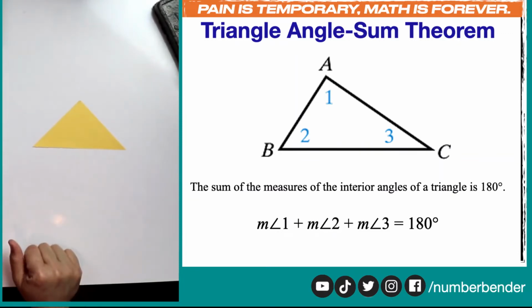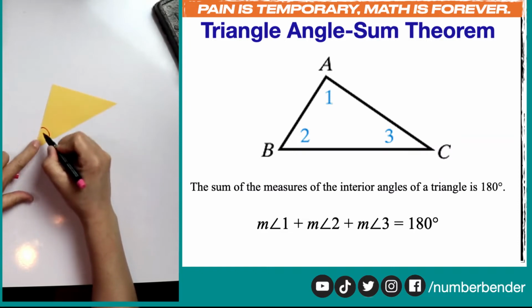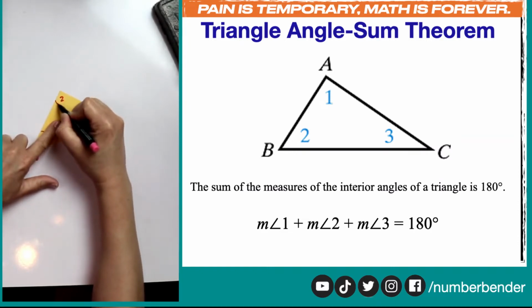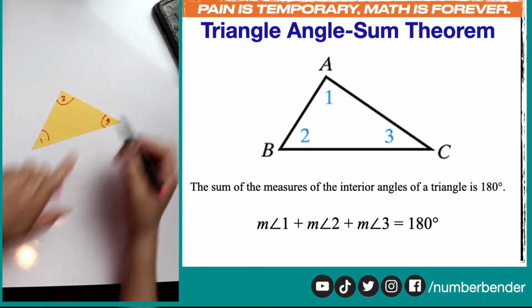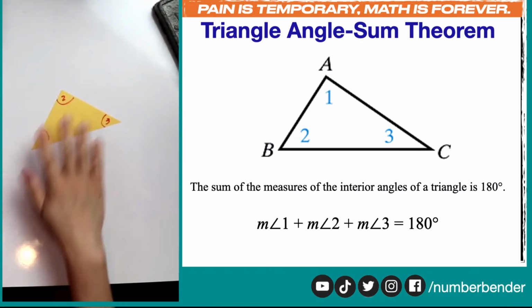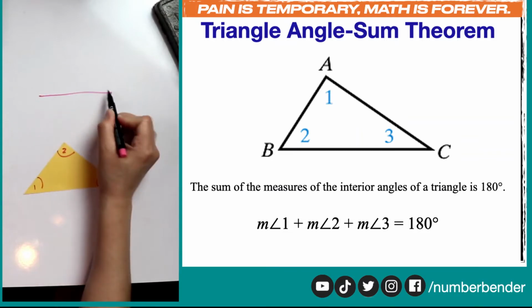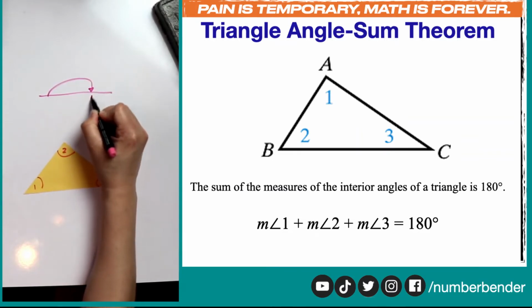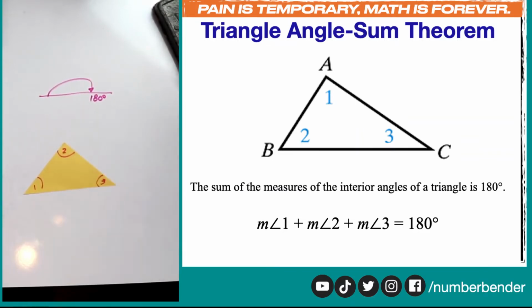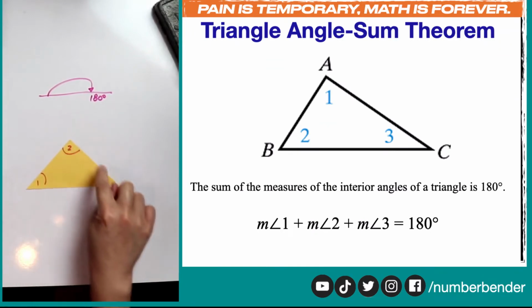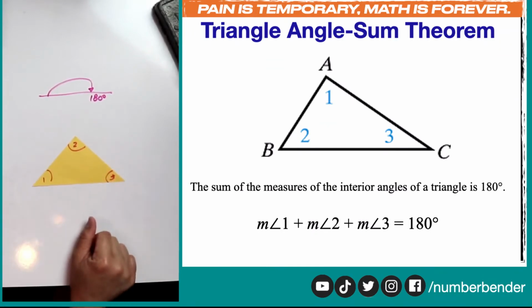So according to the Triangle Angle-Sum Theorem, the sum of angle 1, angle 2, and angle 3 is going to equal 180 degrees, and we know that 180 degrees is basically a straight line. So a straight line is 180 degrees, and if we add these three angles together, we'll be able to form a straight line.